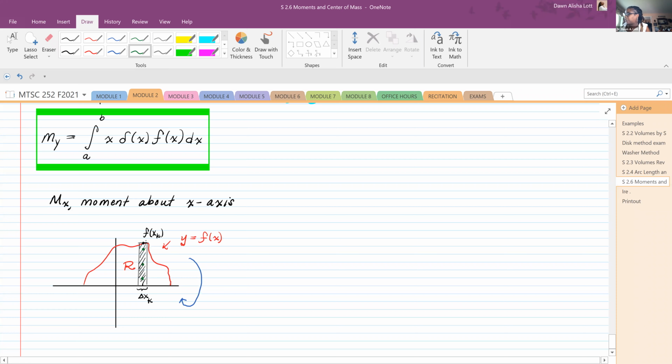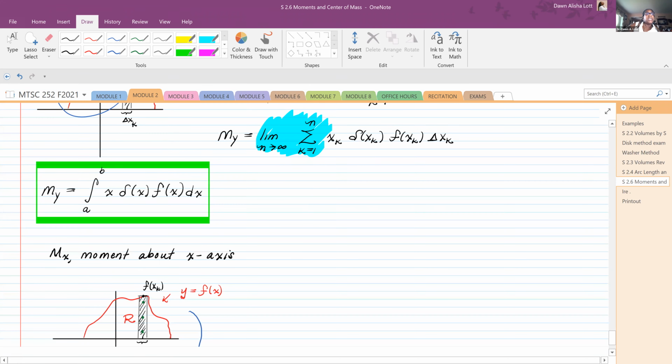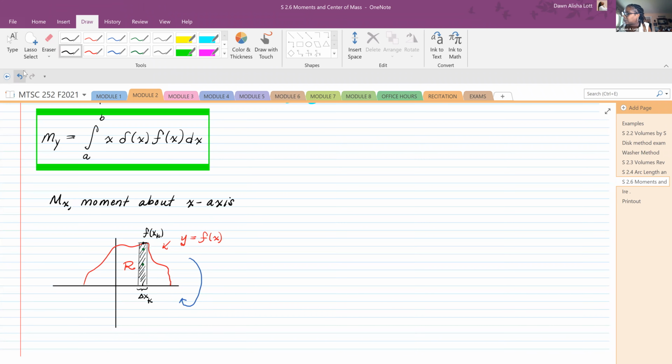So each one of these has a different yk. Back here, everything had the same xk. It was always the same distance from the y-axis. But here, each one has a different distance from the x-axis, and that can make it hard. So what we do instead is we use the yk distance.